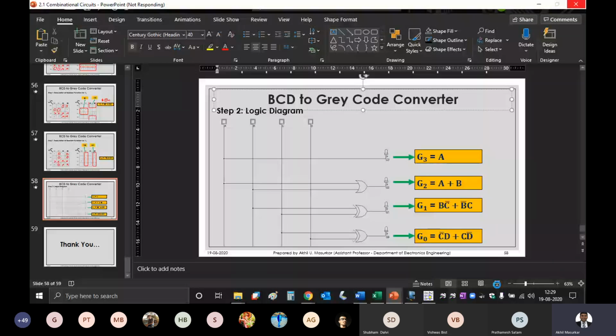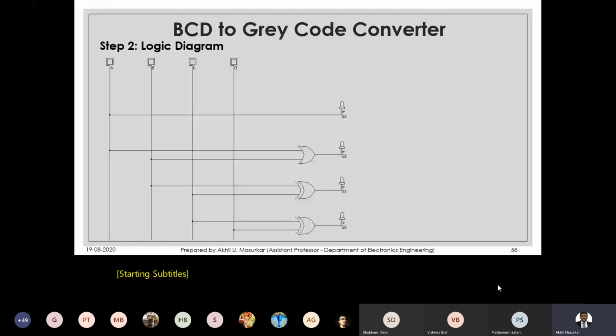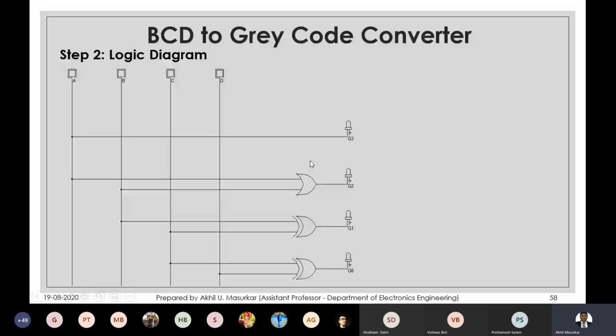So what is the change in the logic diagram? Can you all identify the change between binary to gray and BCD to gray? Logic diagram wise, check it. So you can see when this was binary, here also we had an XOR gate.